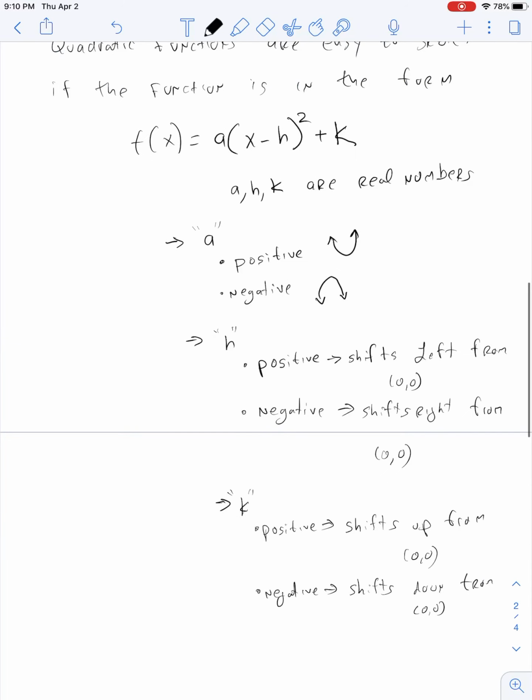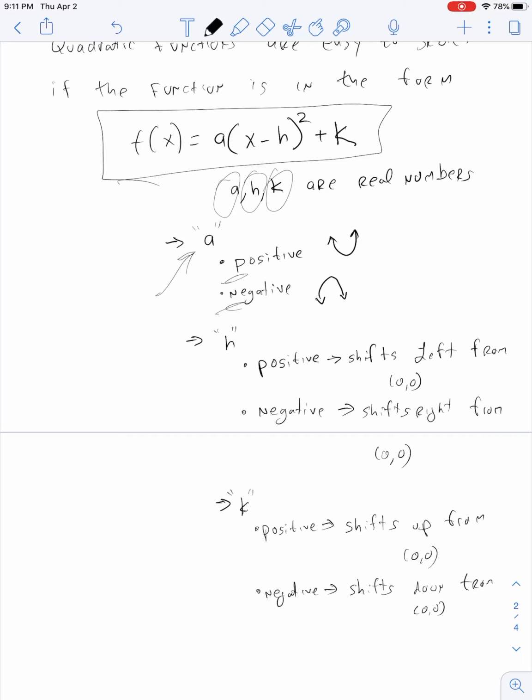So once again, what we're doing is we're taking a look at this equation, or function, and looking at our a, our h, and our k. For a, we're looking at it being positive or negative. H, we're looking at positive or negative. K, we're looking at positive or negative.